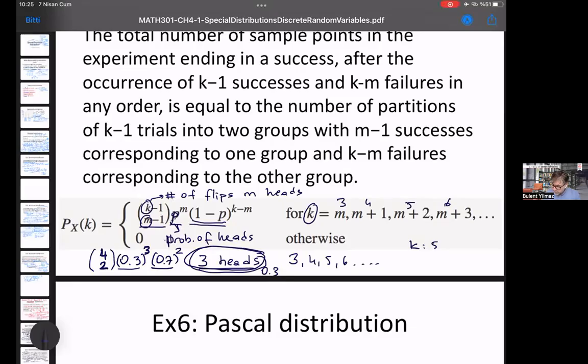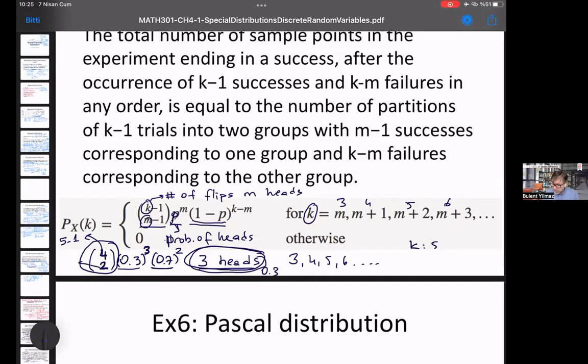But here's the trick. I need to find out this part, which is 5 minus 1, okay? Just before I flip the coin the 5th time, because I'm aiming for the 3rd head coming in the 5th flip.